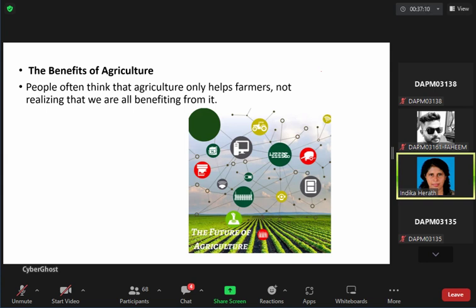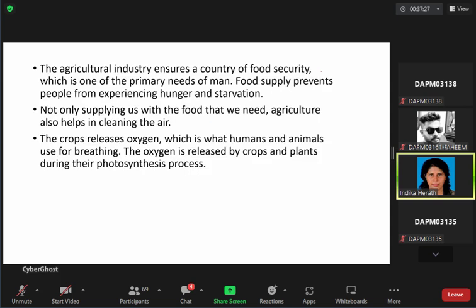So if we are thinking about improving the agriculture sector, we have to think about the use of technology and the modern way of doing agriculture. We will talk about that as well, right?